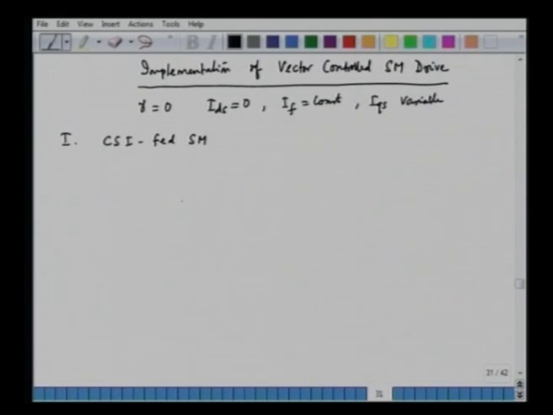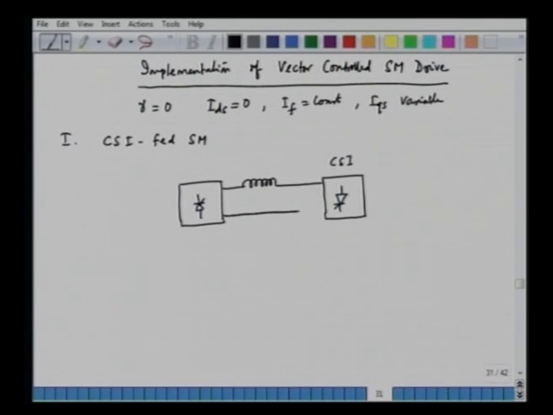Here we have a force commutated CSI. This is the schematic block diagram. This is our CSI, and we have a DC link with a large inductor to keep the current constant, and the CSI feeds the synchronous motor.